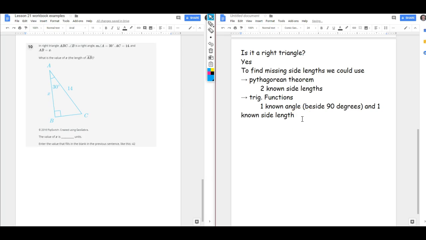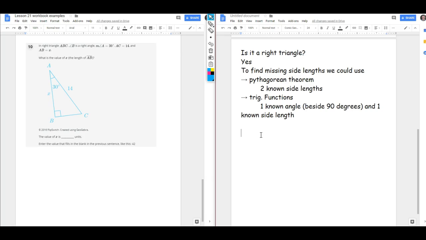So then if we look back at our information, we do not have two known side lengths. We do have one known angle besides our 90-degree angle, which is 30 degrees, and we have one known side length. So we're going to use the trig functions.